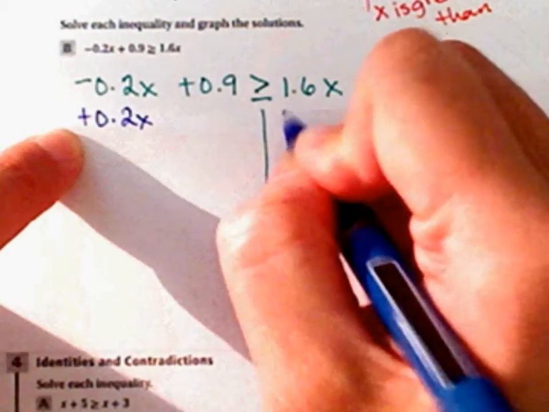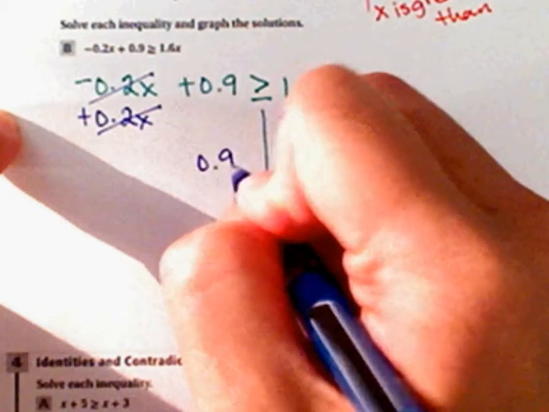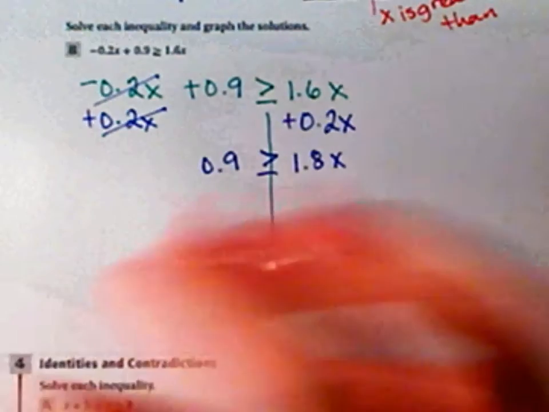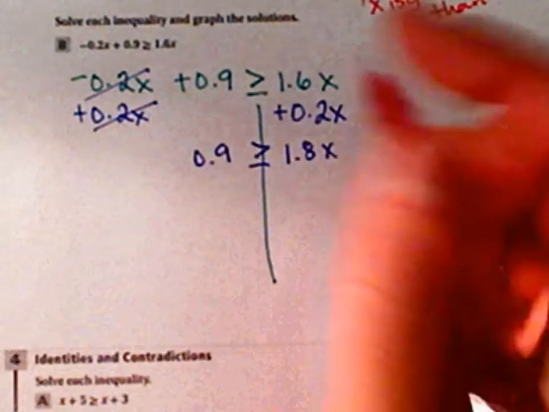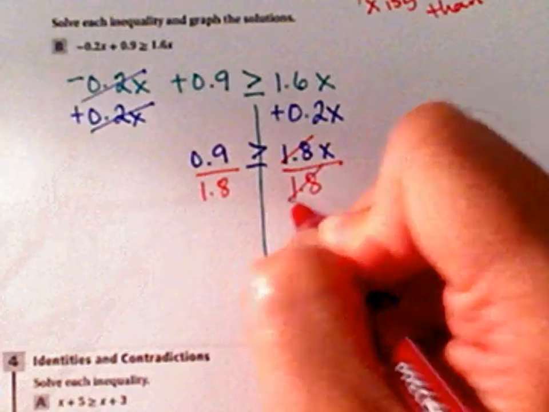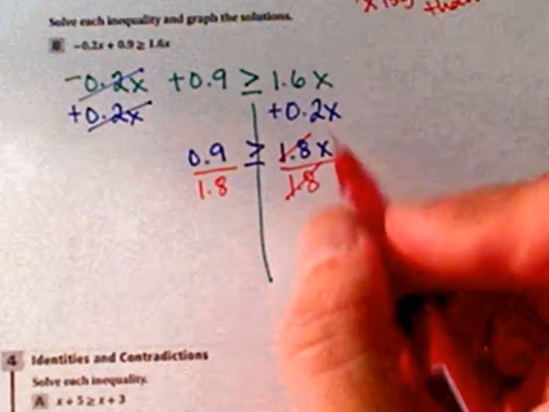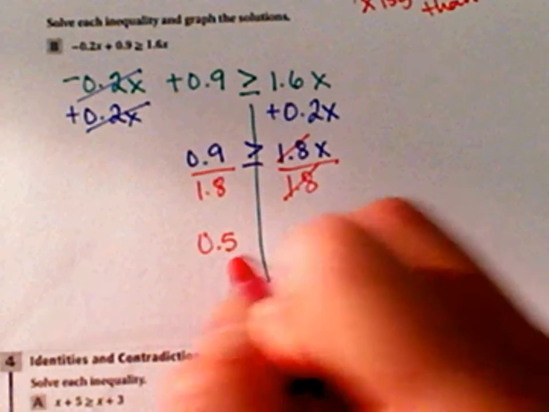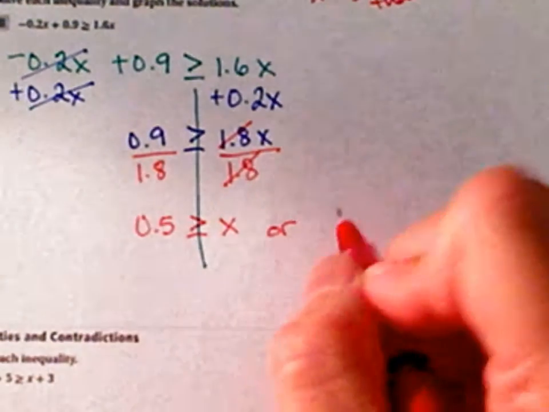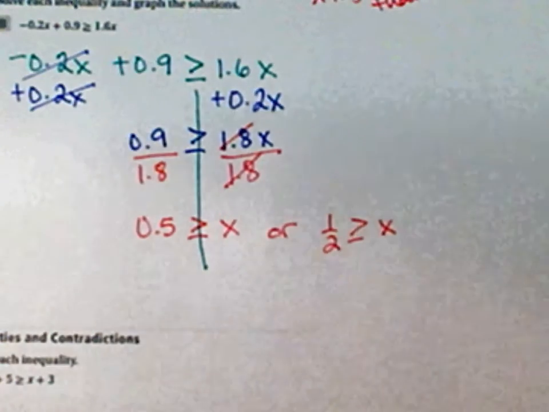What you do to one side, you do to the other. 0.9 is greater than or equal to 1.8x. 1.8 times x, opposite of multiplying, is dividing. So this comes out to be 0.5 is less than or equal to x. Or you can write 1/2 is greater than or equal to x. These are the same answer.